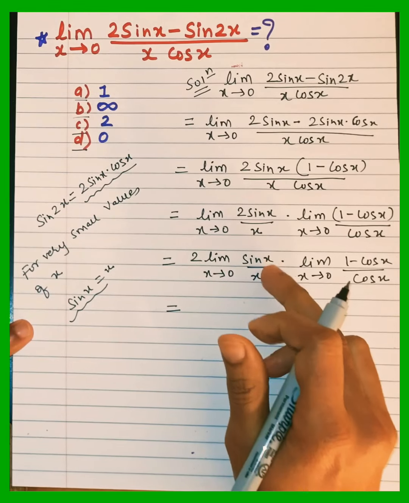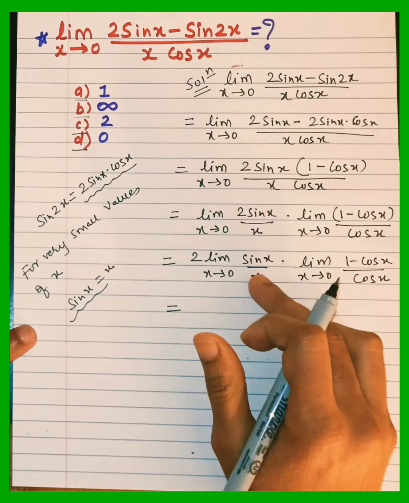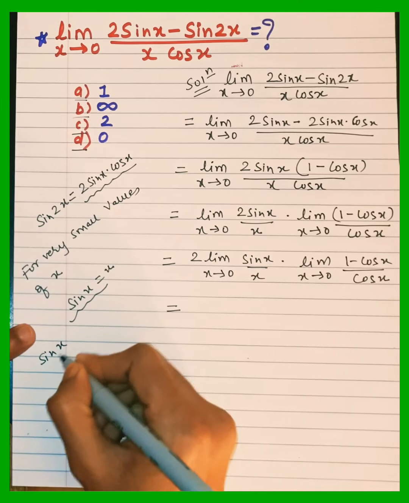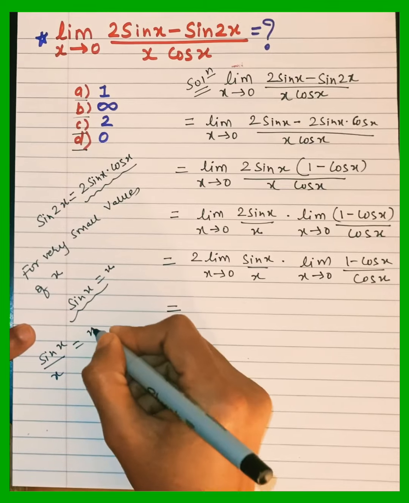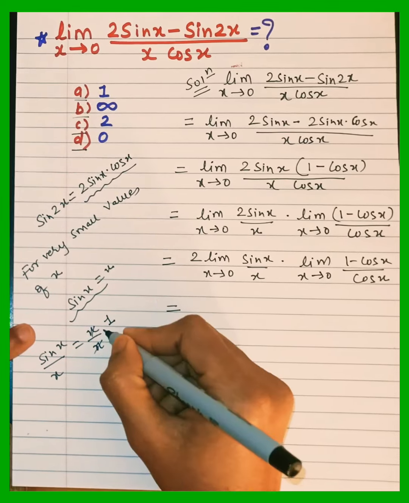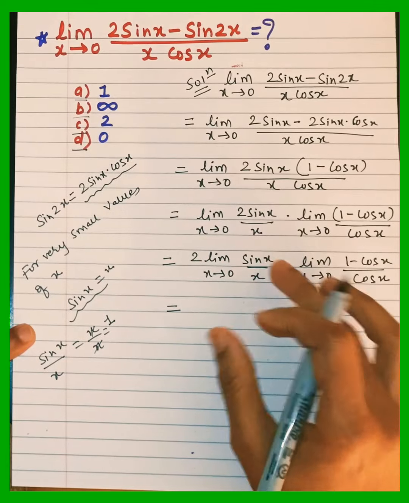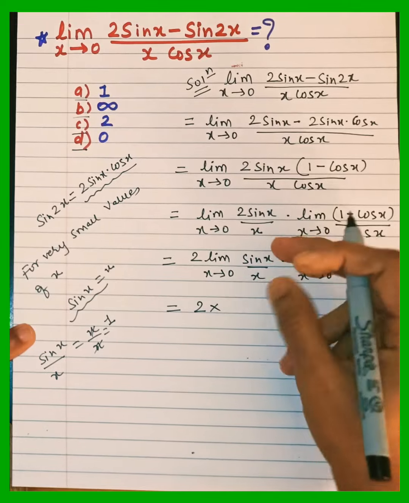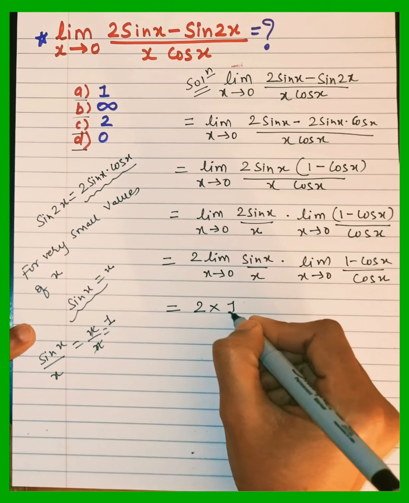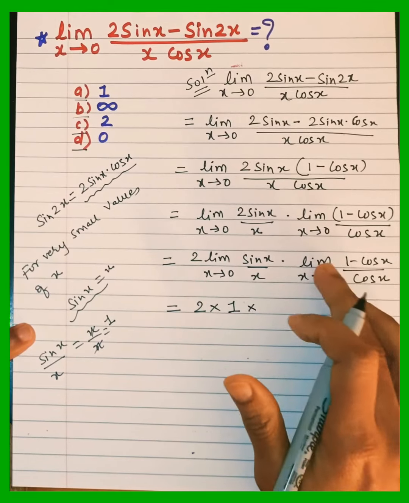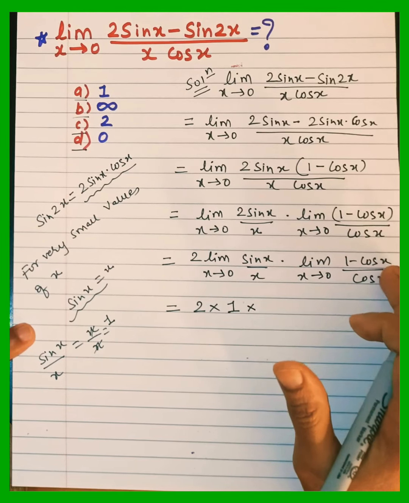So in place of sin x upon x, we can write x upon x, and that will become 1. So the value of this part will be 1. So 2 into, in place of this part I am keeping 1. I hope you understood why I am keeping 1. Into limit x tends to 0 of (1 minus cos x) upon cos x.